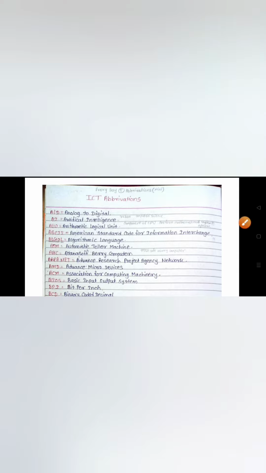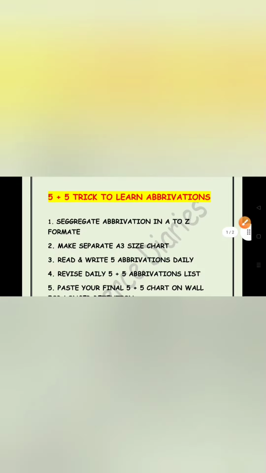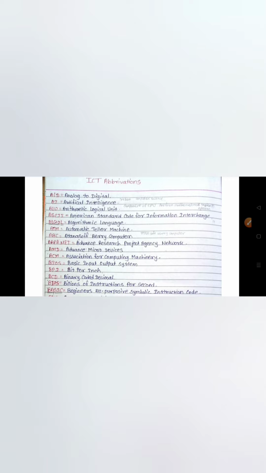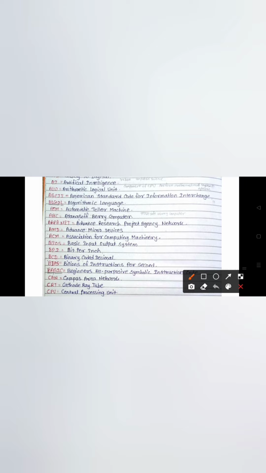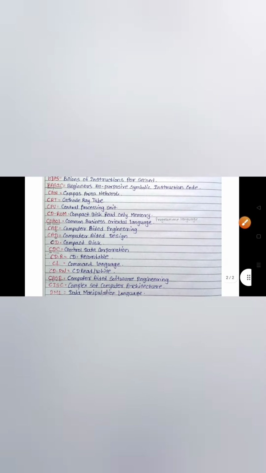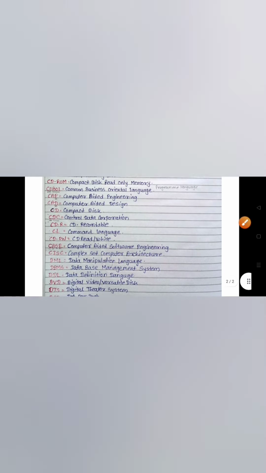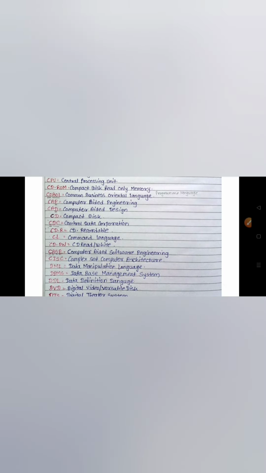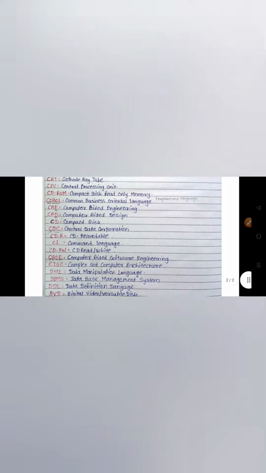As I told you here, segregate the abbreviations in A to Z format. If you can see, first I have written all the abbreviations starting with A, then the abbreviations starting with B, then those starting with C, and so on. I have done this for the whole alphabetical order.